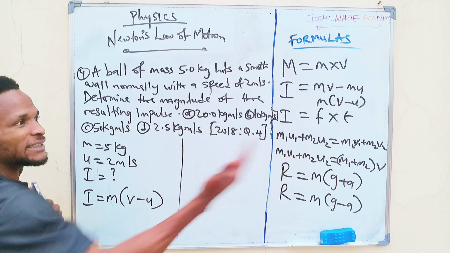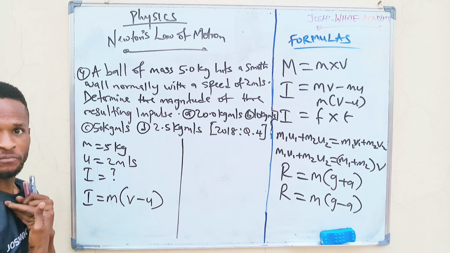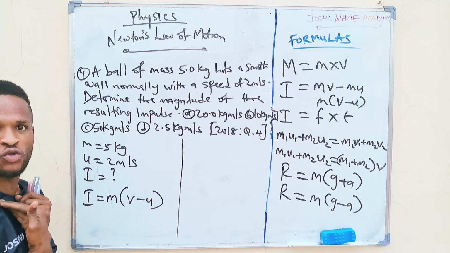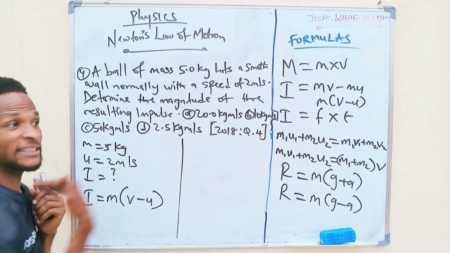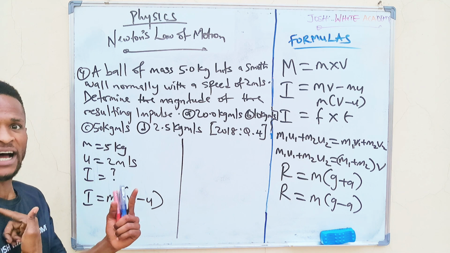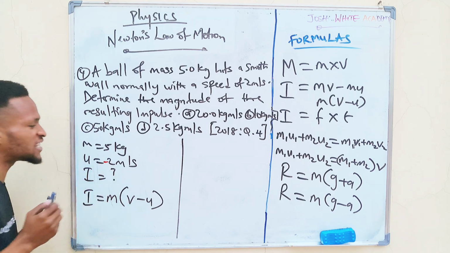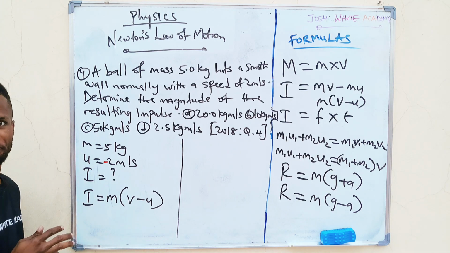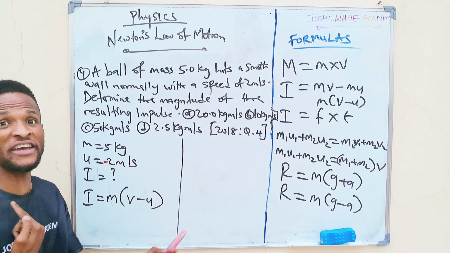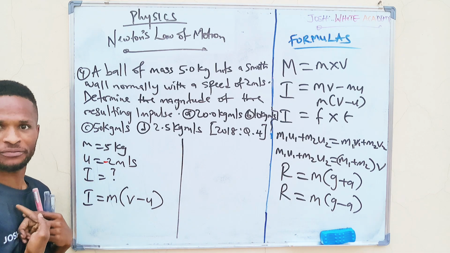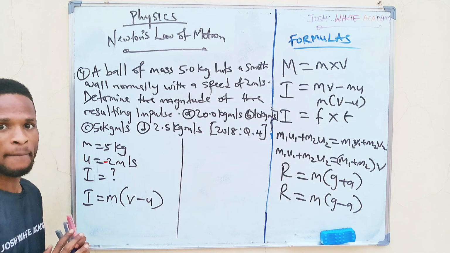So that means they are of equal magnitude. If there is no loss in momentum and energy, it is equal magnitude but in opposite direction. So that means our u we'll take a negative mark because it is moving in opposite direction to the final velocity.